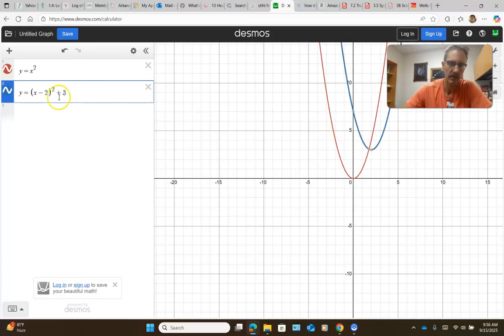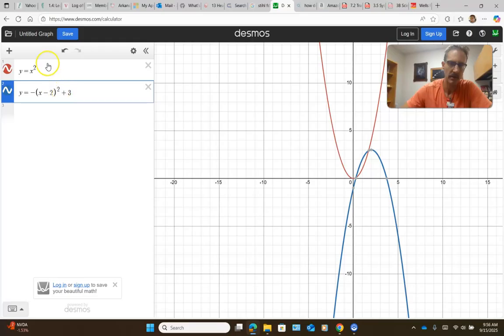Well, then that shifts it to the right 2 units. So here we have both a vertical and a horizontal transformation, and then if we stick a negative in front of it, it turns it upside down. So we actually have 3 transformations. This function right here is just a transformation of that basic quadratic function.